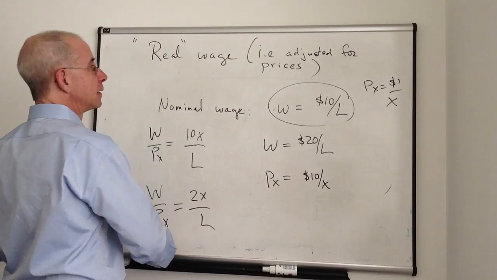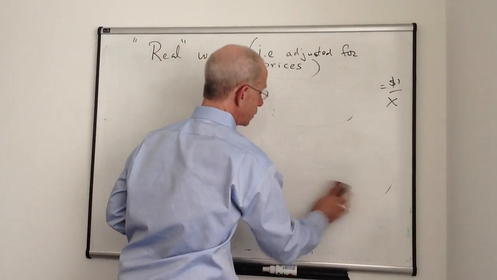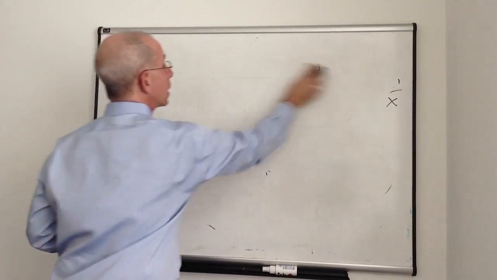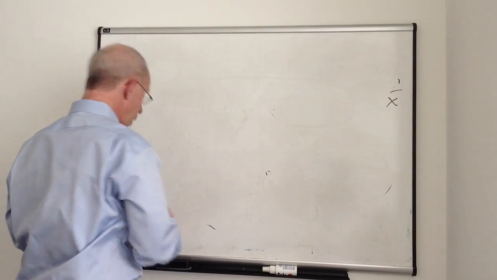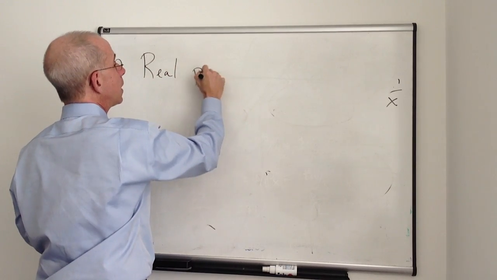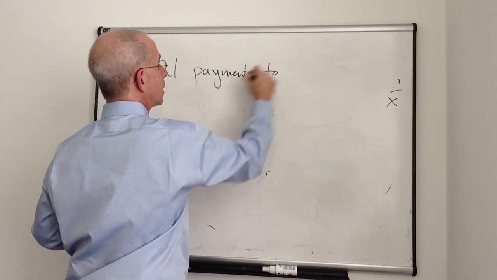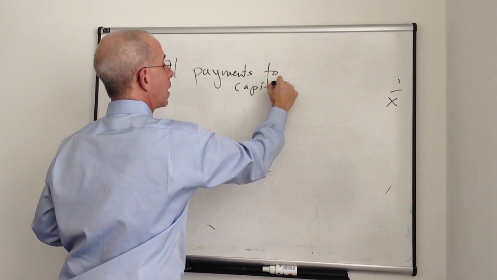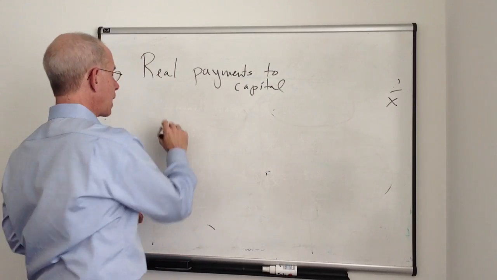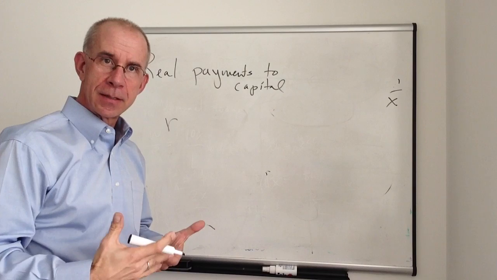Now finally, let me say that this is a concept that we can also use in terms of the real payments to capital. R is the nominal payment to capital.